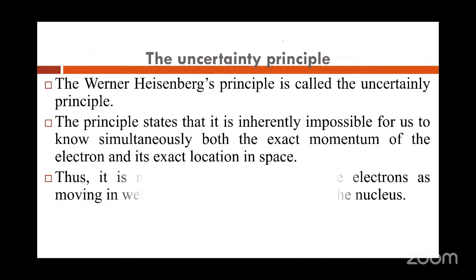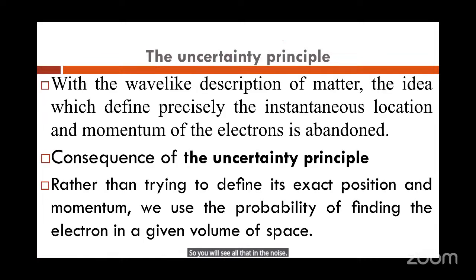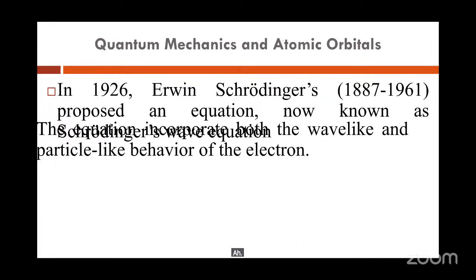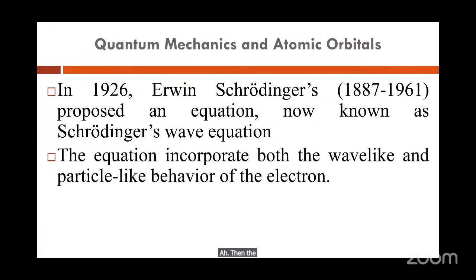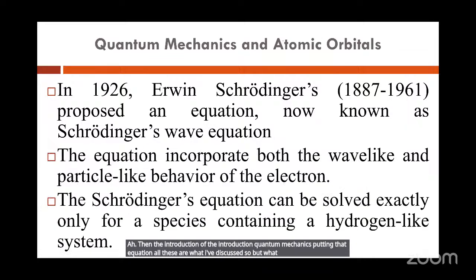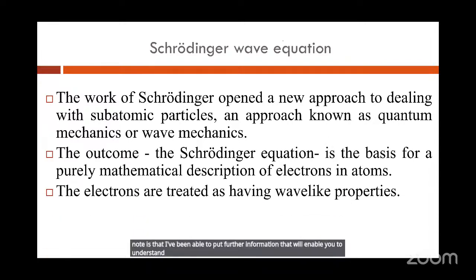So you will see all that in the notes. Then the introduction of quantum mechanics, Schrodinger equation, all these are what I've discussed. But what you just see in this note is that I've been able to put further information that will enable you to understand everything.